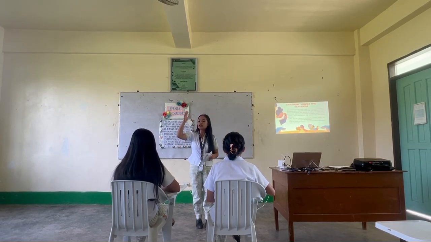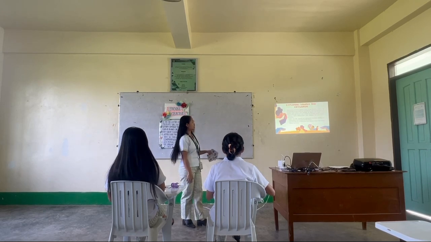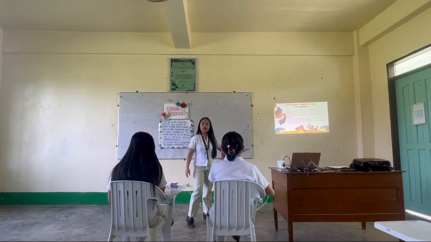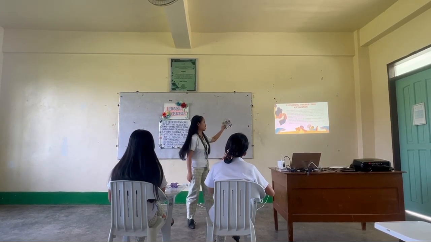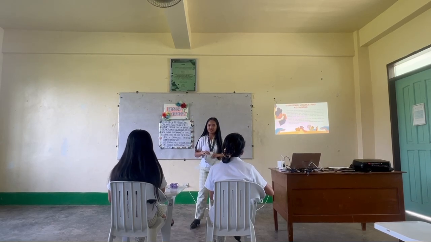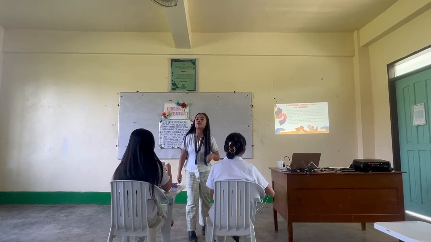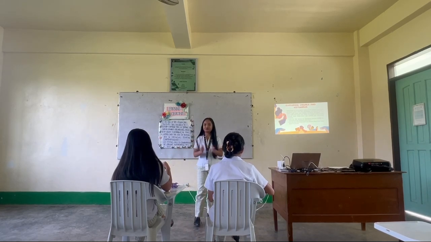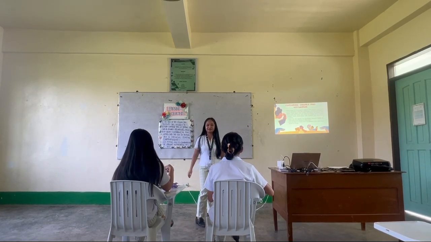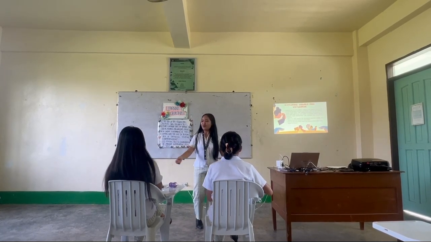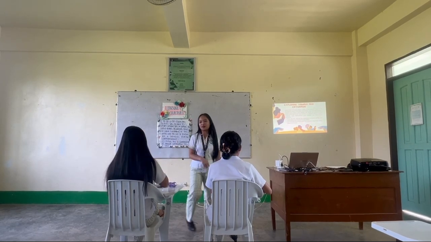So I want group one to answer number two, and I want group two to answer number one. Is that clear? Alright, very good. So here we go. Okay, you only have 1 minute to answer it. Alright, yes, ma'am. Wow, very good. Okay, let's have group one.